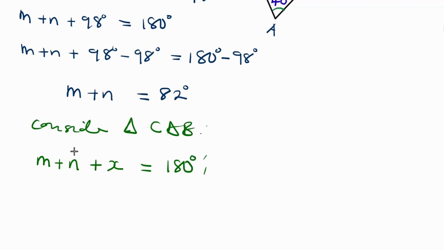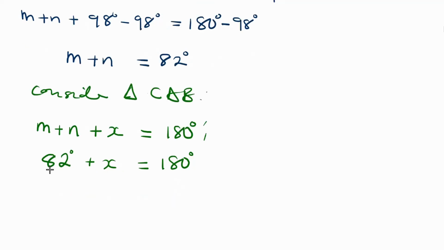So M plus N plus X should be equal to 180 degrees. But we know very well that M plus N is equal to 82 degrees, so we substitute in 82 degrees, then plus X equals 180 degrees. At this step, we collect like terms by taking the 82 degrees to the right hand side.